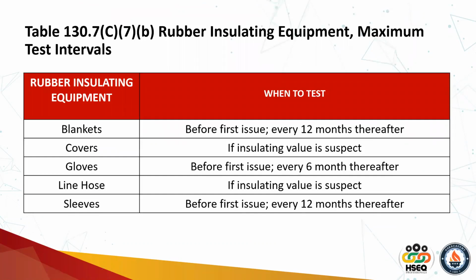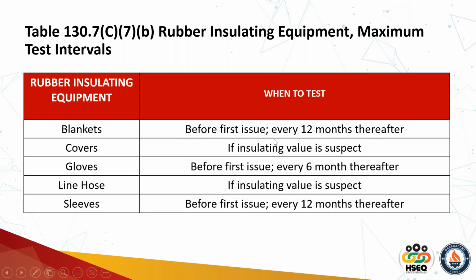Similarly, 130.7C7B talks about rubber insulating equipment maximum test intervals. It talks about how frequently you must electrically test your equipment in order to know whether it is working fine or not.